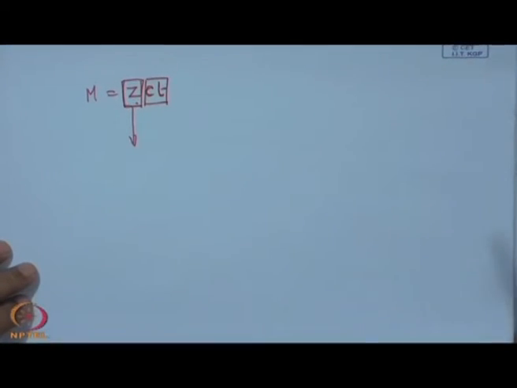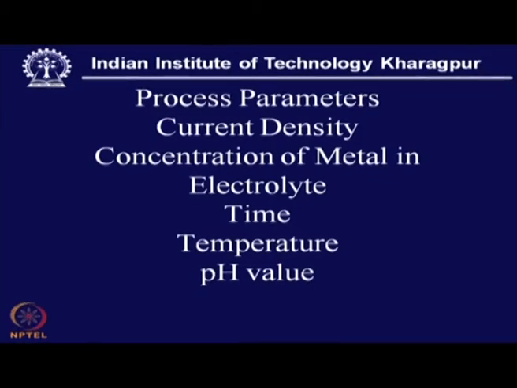Then comes the concentration of metal in the electrolyte. It is mostly an acidic or alkaline solution, but if it is an acidic solution, say we add H2SO4 to increase the conductivity of the solution, and then how much material has been added per liter is another issue.